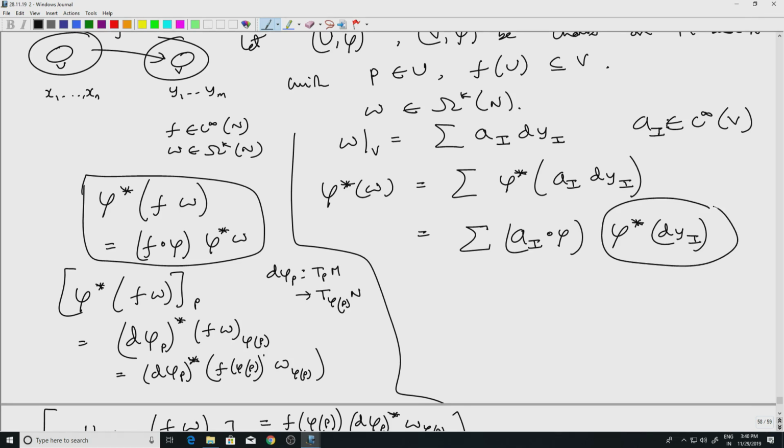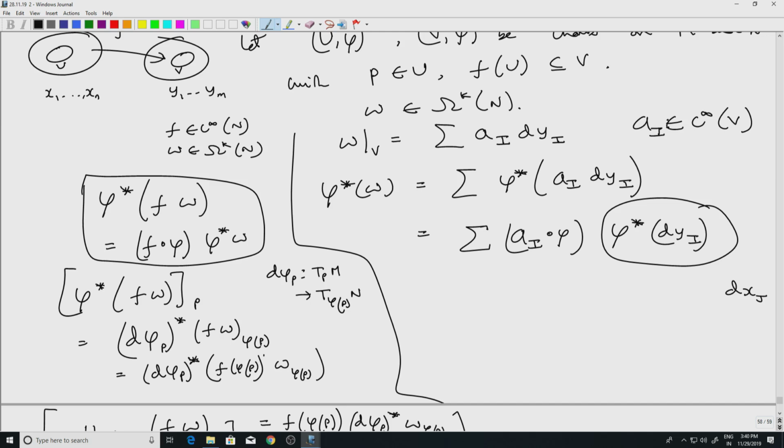I would like to express this in terms of these dx_J's, and then all one has to do is look at the coefficients of the final expression and claim that they are smooth functions on M, and then one would be done.